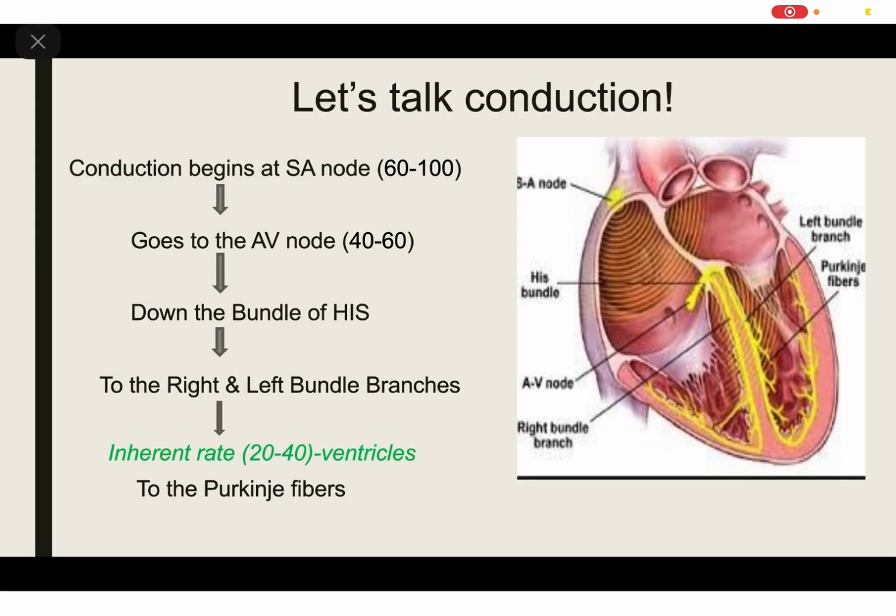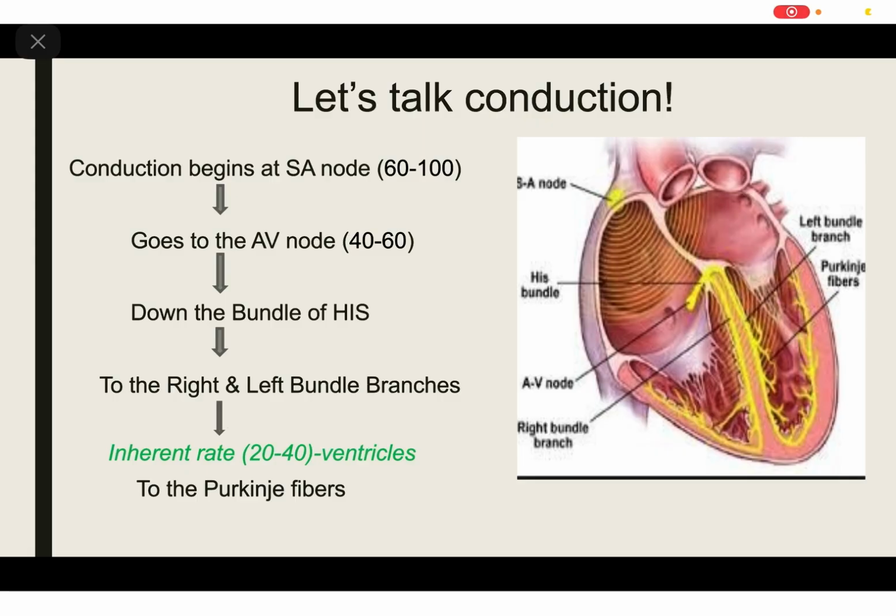Okay, and so these impulses travel from our pacemakers. They start and originate from our pacemakers. So the first and most important one is always the SA node. The point of origin for our electrical impulses that come from the heart, our action potentials, is the SA node, at the top of the right atrium, right there in that picture.